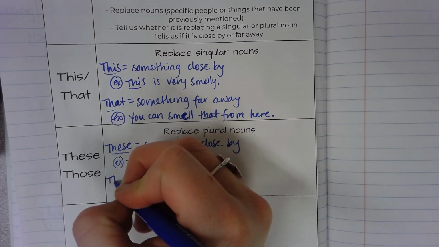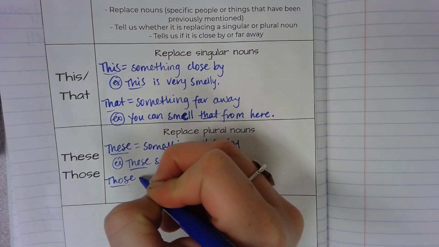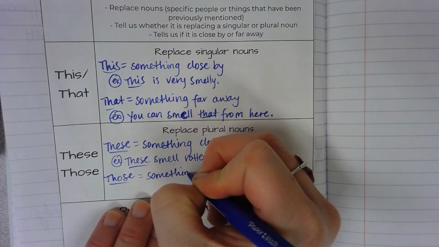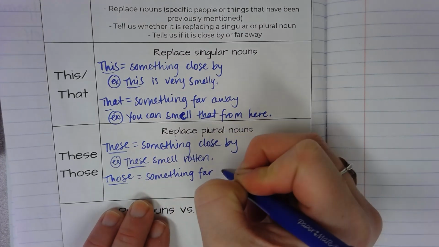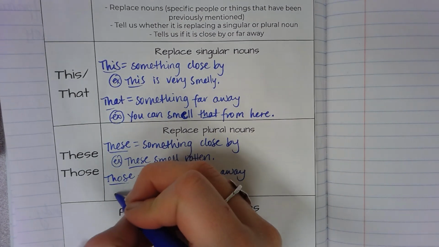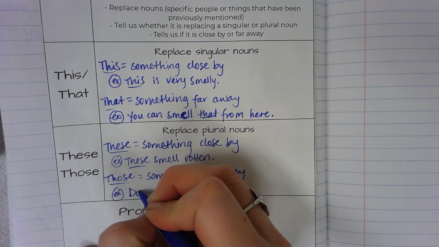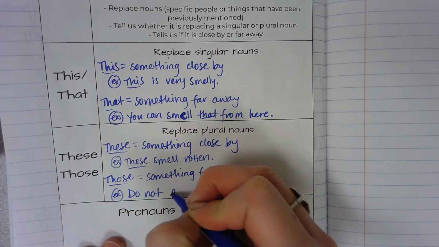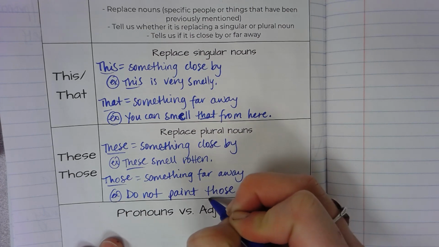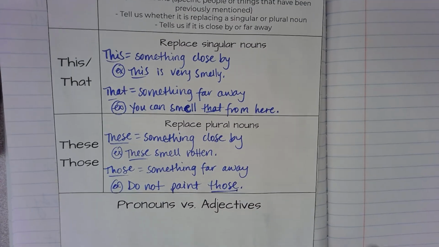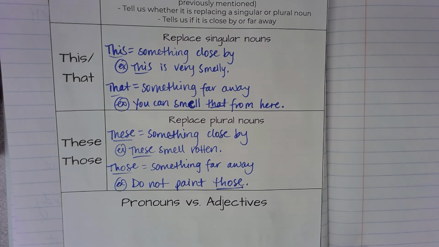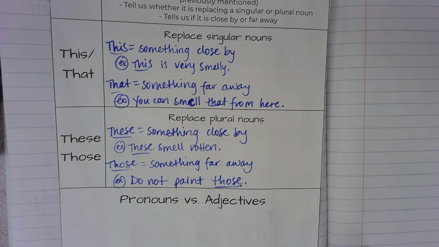Those, something far away. And here's an example. Do not paint those. So chances are you're probably pointing at something when you're using this as a pronoun in a sentence.